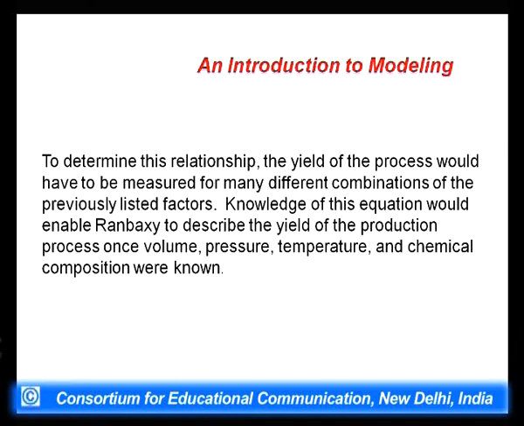So, here what are the variables? Volume is a variable, pressure is a variable, temperature is a variable, and then the composition of the chemicals is again a variable. Composition A, B and C, V, T and P. These are 6 variables which are responsible for giving us the yield.